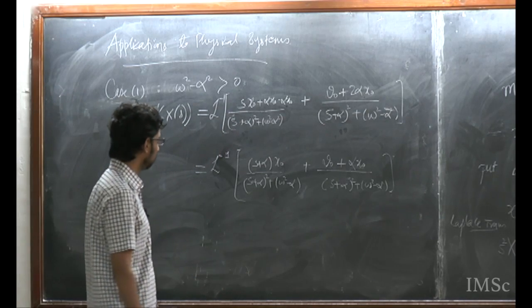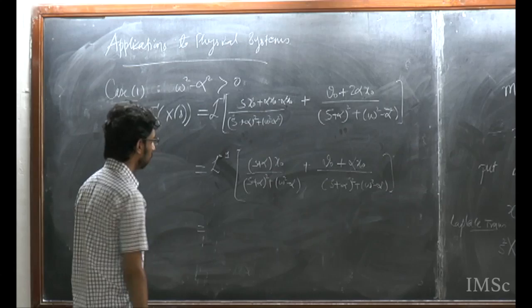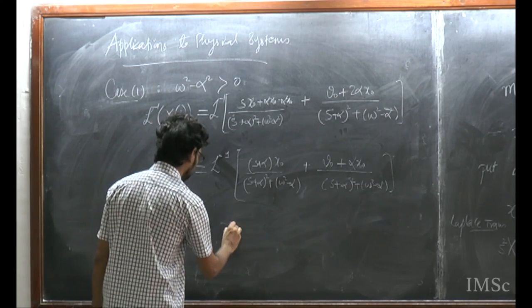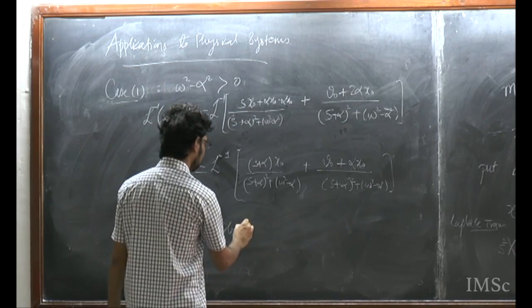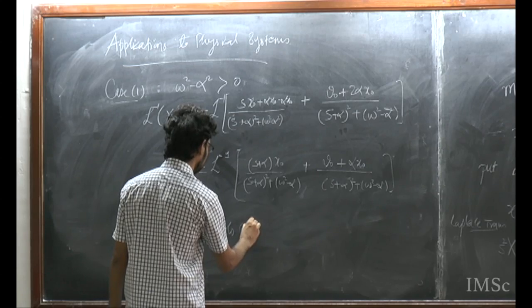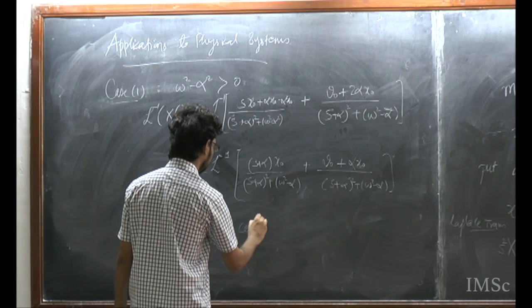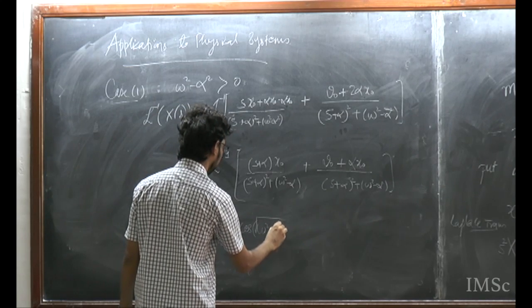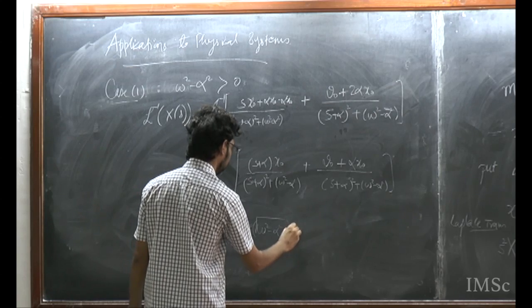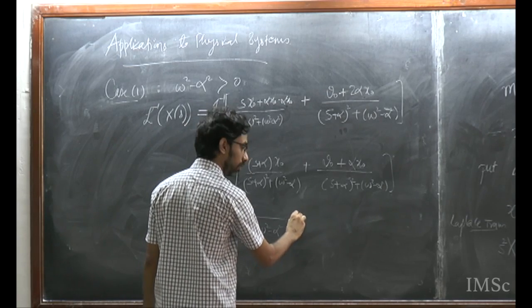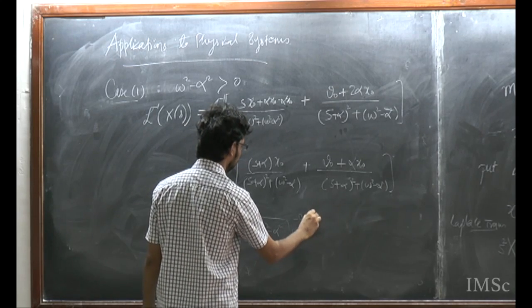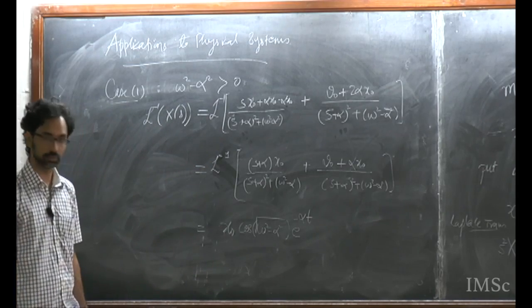Yes. So then you can write this in terms of cos and sine. So this is x naught cos of square root of omega square minus alpha square t, times exponential minus alpha t. Is it okay?